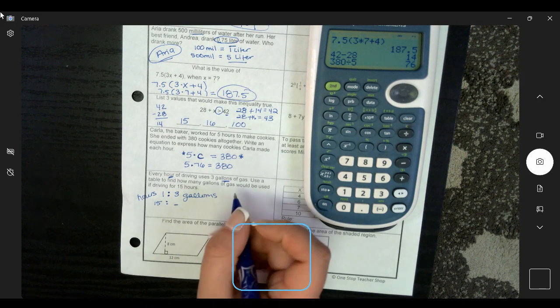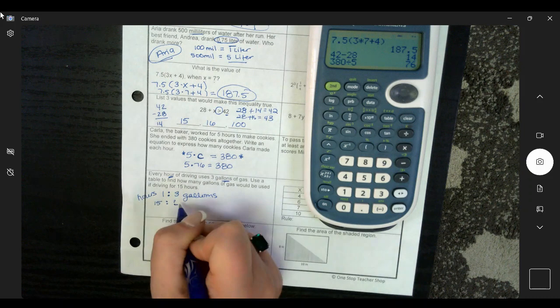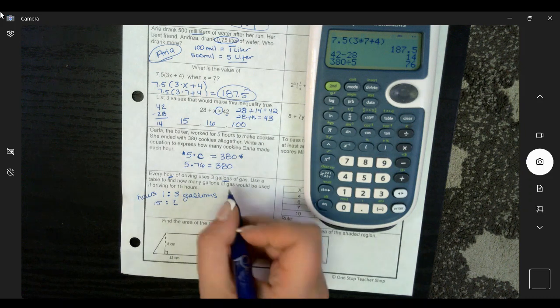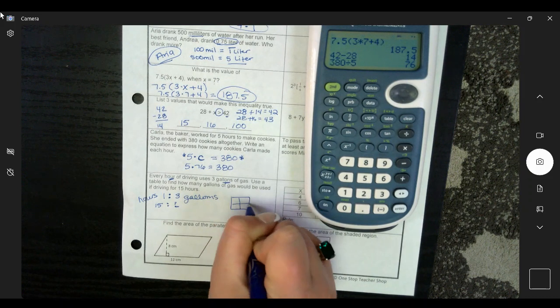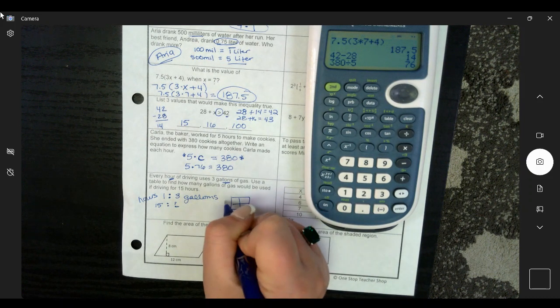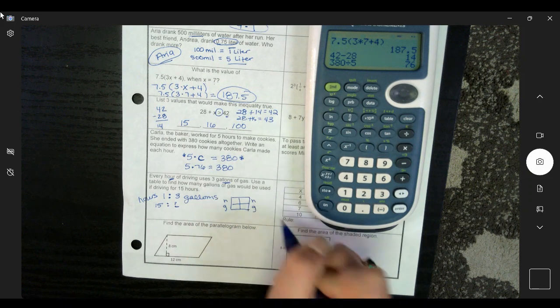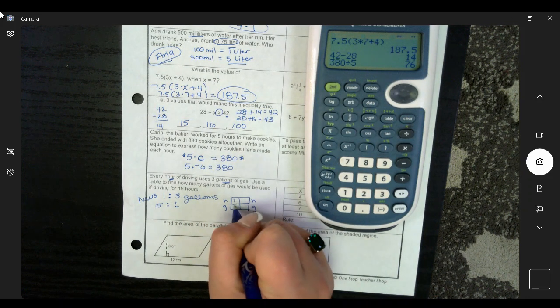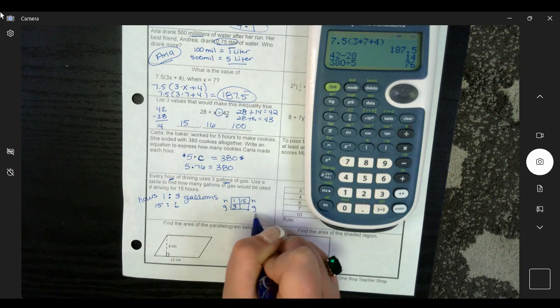And remember what we did here was when we were trying to solve these mysteries, we would put them in a ratio box. When we were solving ratios, we put them in ratio boxes and we label what we were comparing, hours to gallons, hours to gallons. In 1 hour, I use 3 gallons. Well, if I go 15 hours, how many gallons do I use?